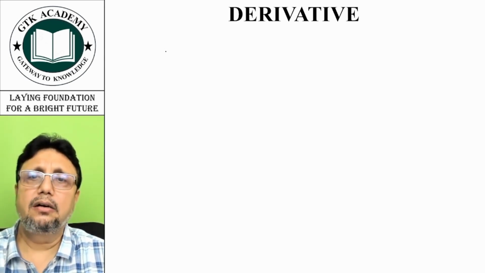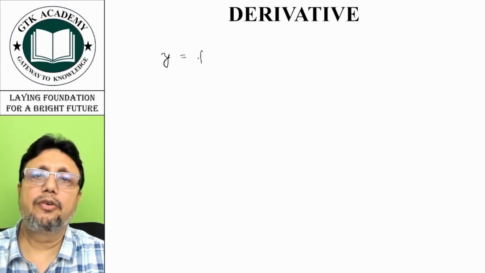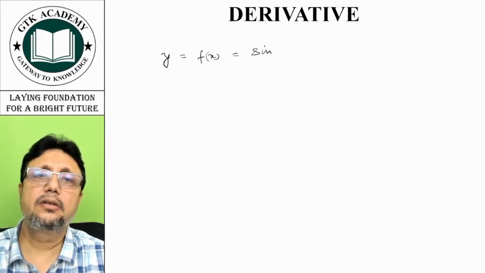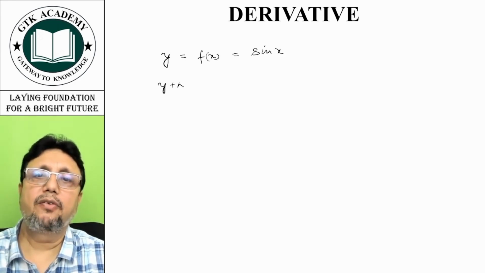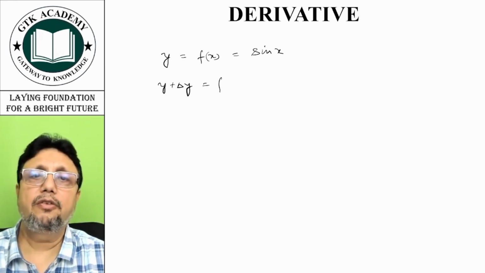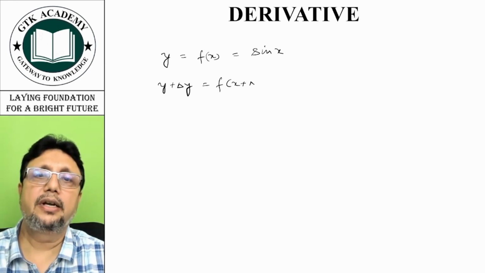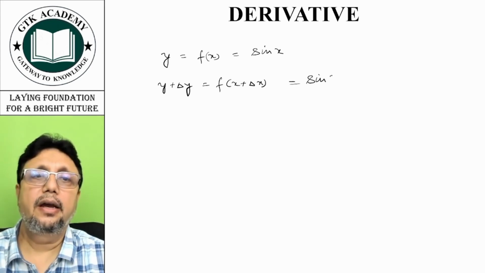Say y is equal to f(x), say is equal to sine x. So y plus delta y is equal to f(x plus delta x), which is equal to sine of (x plus delta x).